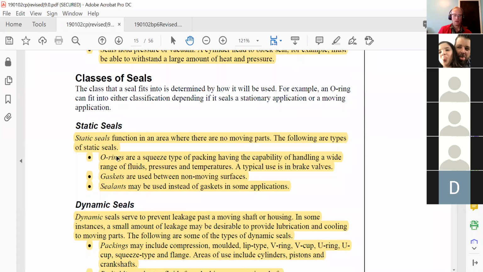For instance, O-rings that are squeezed inside of air conditioning fittings would be static seals. They can hold pressures, and hydraulic fittings, hydraulic seals, like different types of packings. If there's just fluid flowing by it and it's sealing it, that's a static seal, okay?